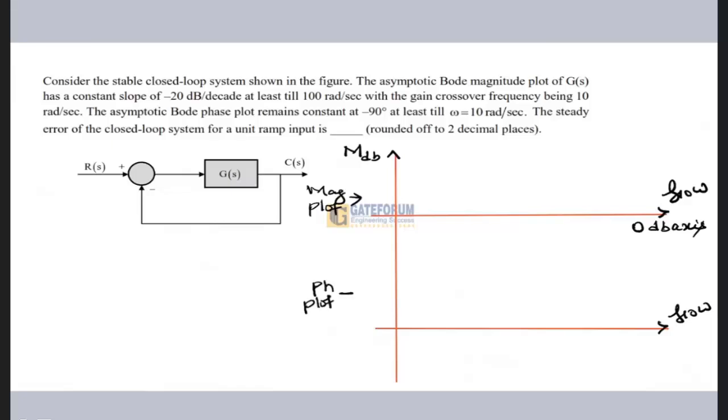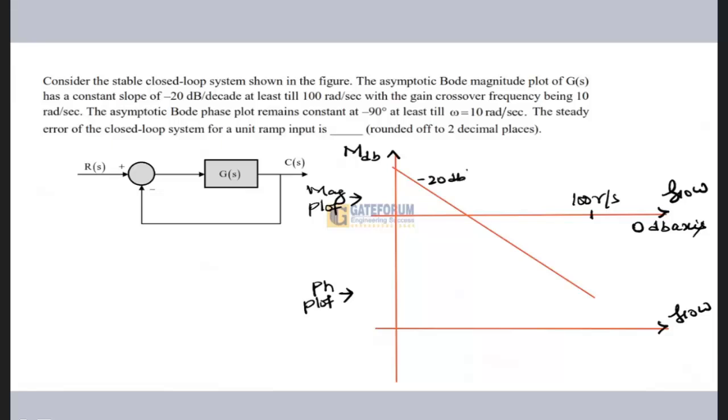So in the phase plot, first of all, for the magnitude they have given that the magnitude plot of GS has a constant slope of minus 20 dB per decade at least till 100 radian per second. So till 100 radian per second they have given you the constant slope, which is minus 20 dB per decade.